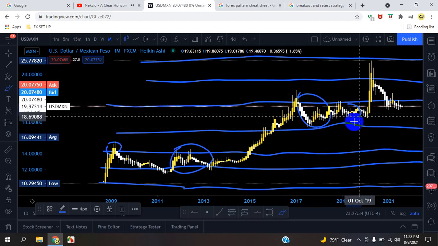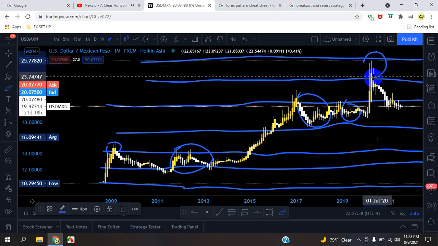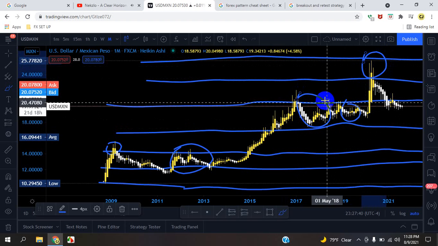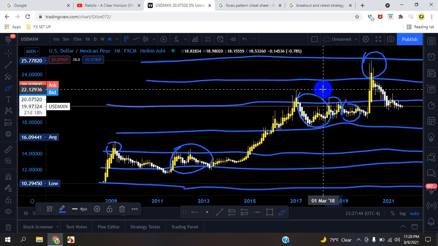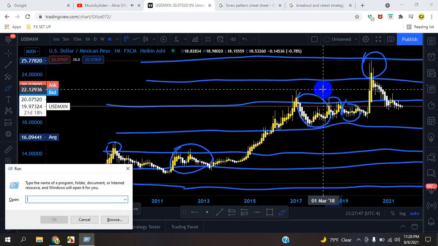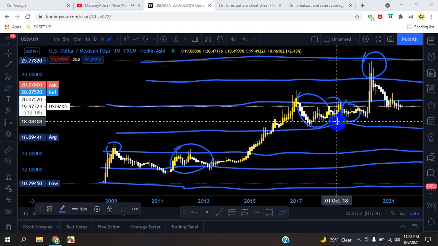Another one here. Read these wicks. And there's a hidden one here. Almost missed this one. So this one, I don't want to smash, I don't want to jam this up in this area. So I want you guys to see this area right here, what's going on.